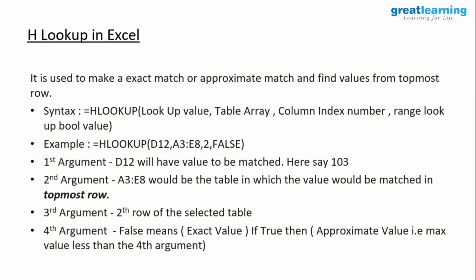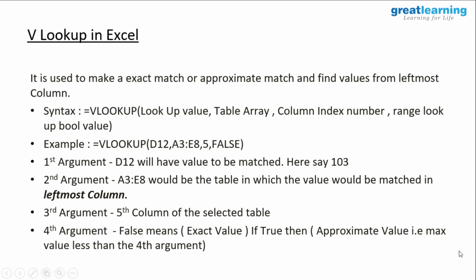Your syntax is also the same for Hlookup. It would be the lookup value, that is whatever you want to search in the topmost row. Then the table array, that is you have to specify the range. Then you have to select the index number. Earlier, the column index number was the number of the column which you wanted to display. Since our city was 5th, we mentioned 5, and when we wanted name, we mentioned 2.